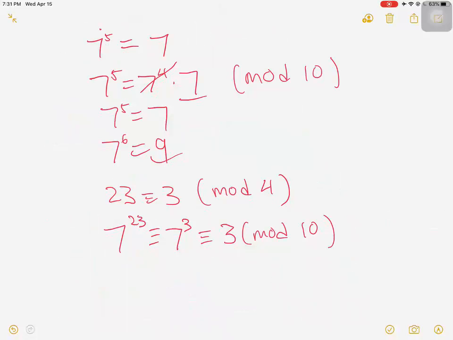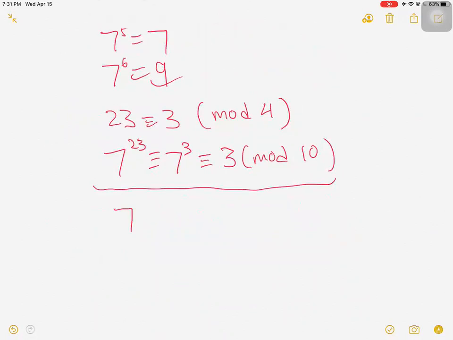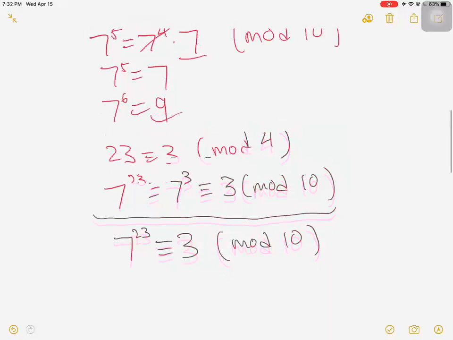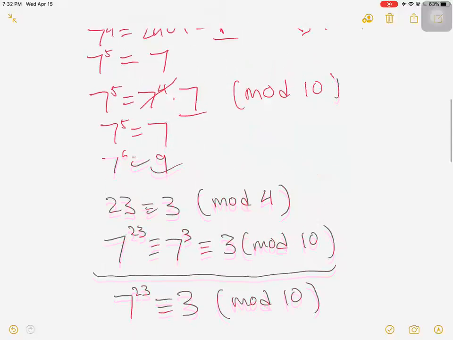And this number corresponds to 3 because it has a remainder of 3 when divided by 4, which is the length of the cycle. So basically, we have 7 to the 23. The last digit, or its value mod 10, is just 3. And now we can just continue this for the other 2 parts.